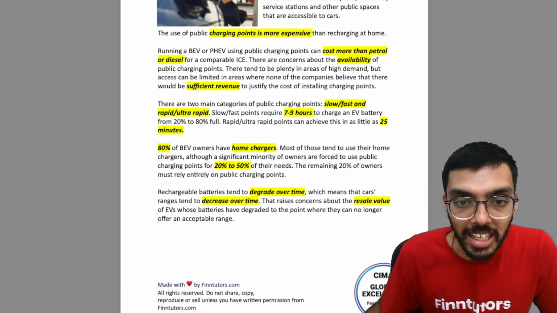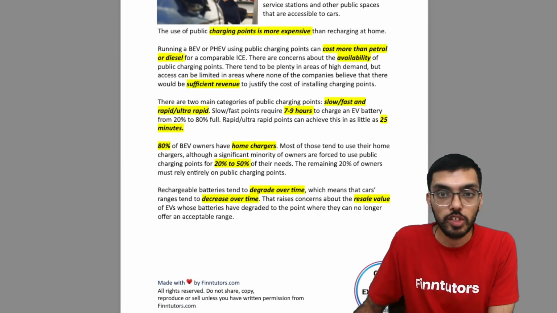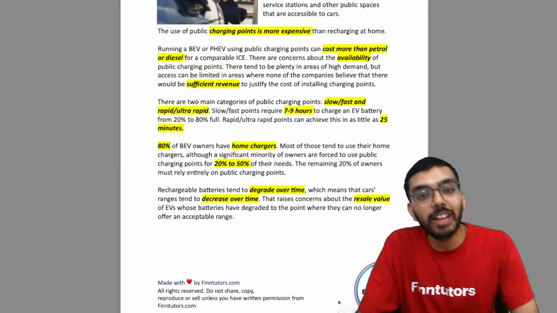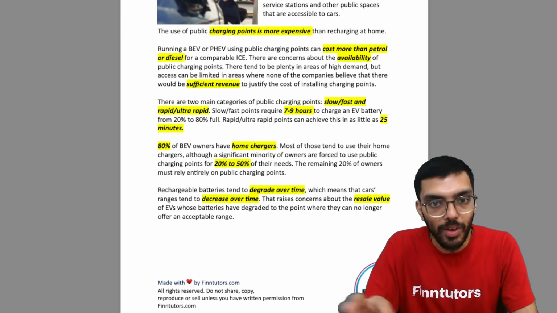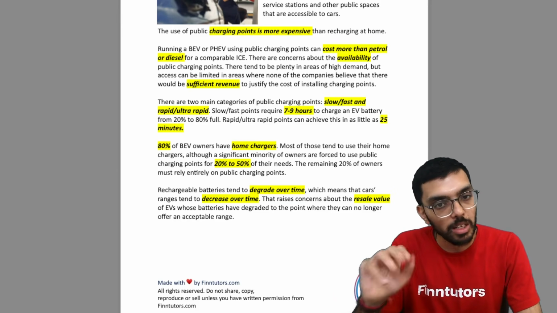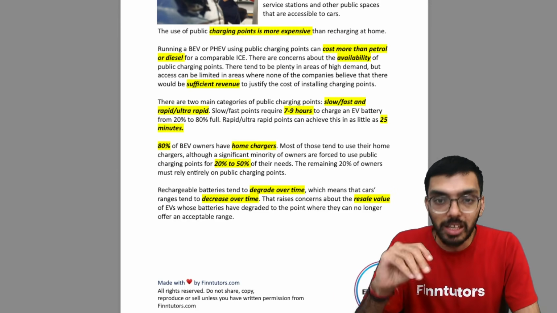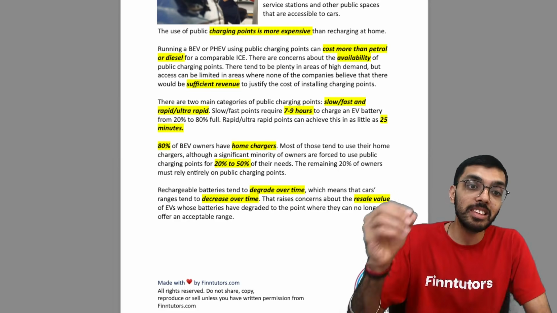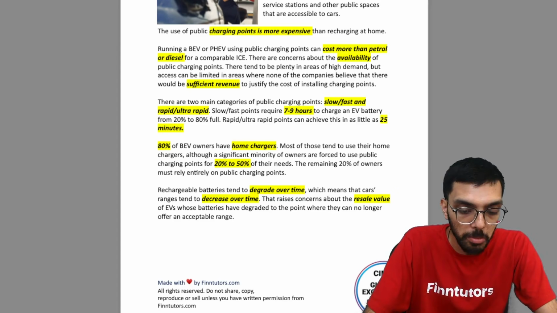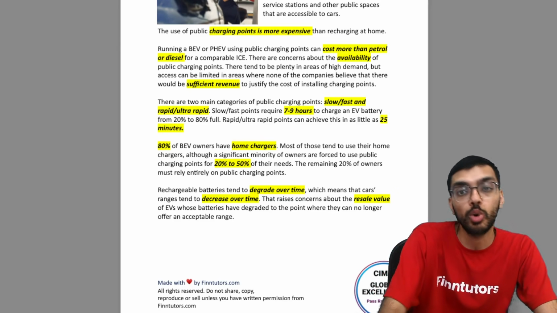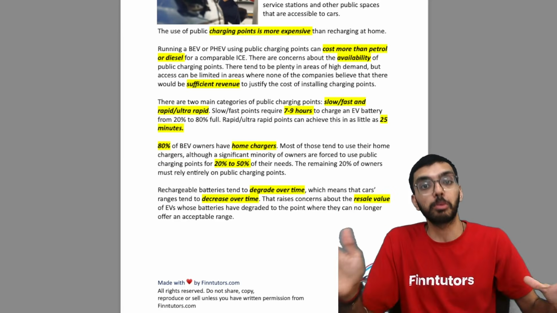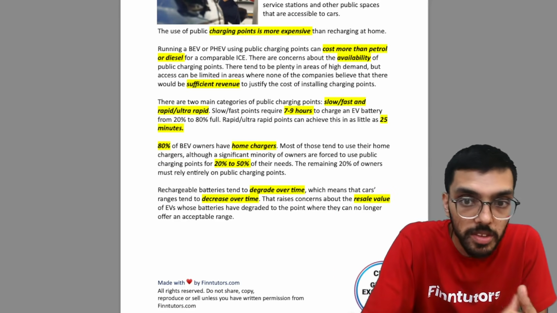There are two main categories of public charging points: slow or fast, and rapid or ultra rapid. Slow or fast points require 7 to 9 hours to go from 20% to 80%. Rapid or ultra points can achieve the same in as little as 25 minutes, but obviously rapid is going to be more expensive to set up. It's going to consume more electricity costs. So as a charging infrastructure provider, you will have to consider this.